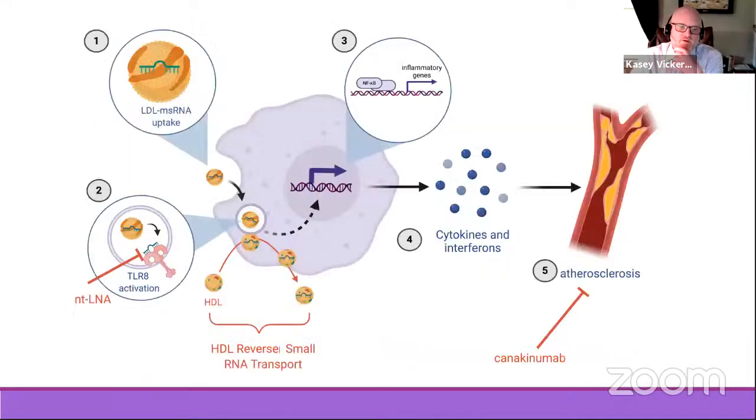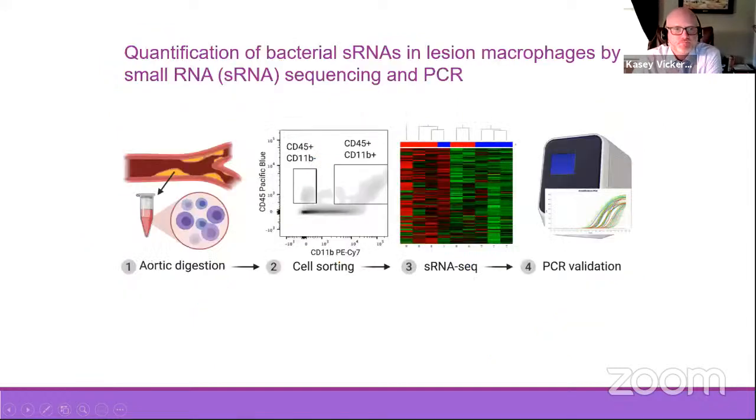So we decided to go look in vivo, to target TLR8 in vivo as a model of reducing atherosclerosis. We wanted to use these non-targeting locked nucleic acids to inhibit TLR8's detection of LDL small RNA. So first we needed to demonstrate that these bacterial RNAs are present in lesions.